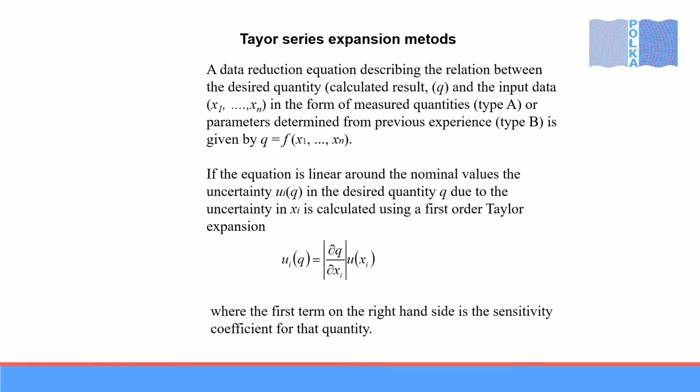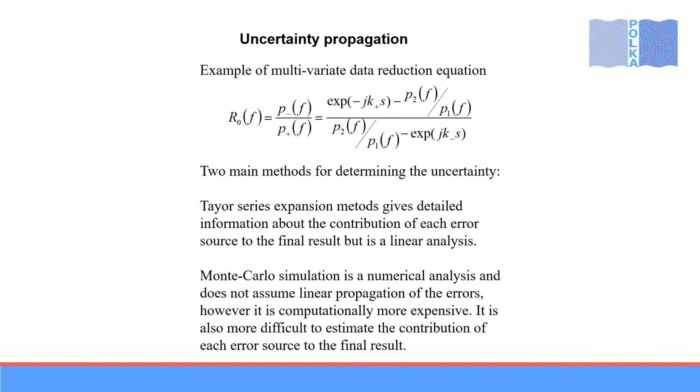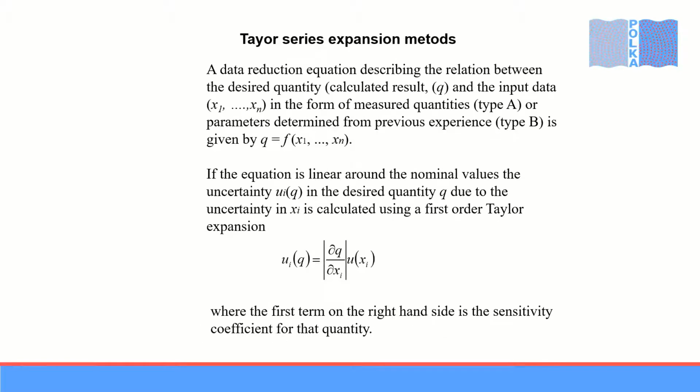Yeah, so the Taylor expansion would mean that you take the derivative of this equation with respect to the different data that you are looking at. For instance, the frequency response function between the microphones, or the microphone distance, or the speed of sound, and so on.